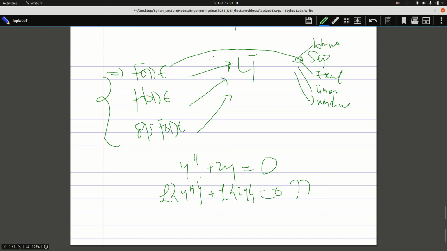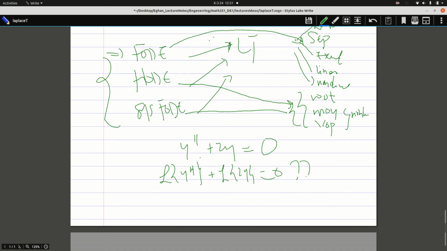If I have higher order, I have to use some root equation, whether it's method of undetermined coefficients or variation of parameters. This is for non-homogeneous equations. The same applies to the system. And so we want to do away with all these various techniques we've gone through and simply use the Laplace transformation. Again, it means that whatever technique I use, I should get the same answer as using the Laplace transformation. And that is the motivation for the Laplace transformation for our studies.